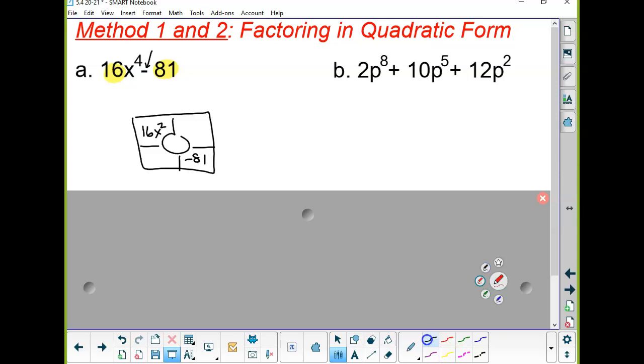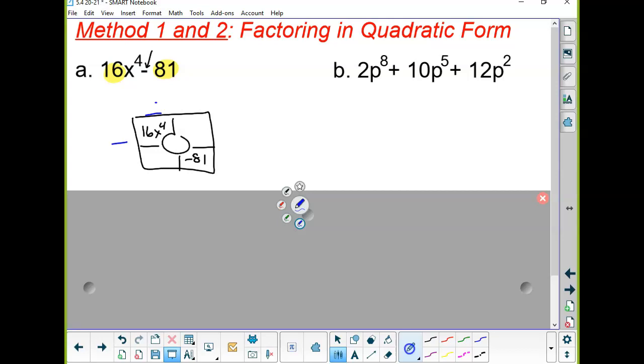Oops. Look at that. See how I almost made a mistake? I put the squared there instead of the 4, because I'm used to what we did in chapter 4. But that is actually a 4. However, we're going to take the same thinking as if it was a square. How do you think I got 16? What numbers would go here and here, do you think? 4 and 4, right?